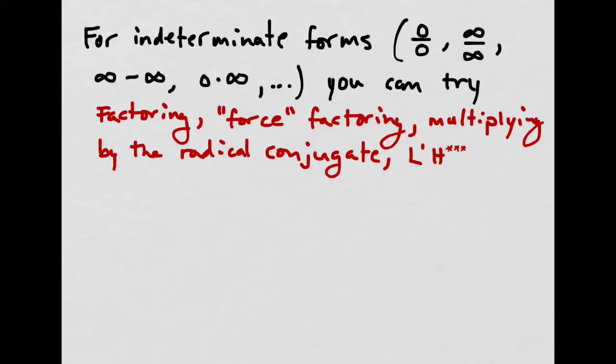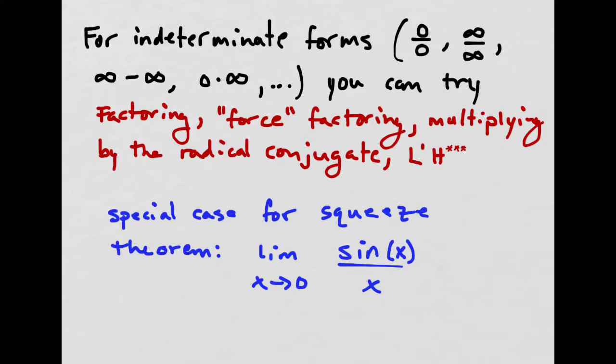If you wanted to, you could look up proofs of the squeeze theorem. It's actually really interesting, but it's faster to remember L'Hopital's rule and just use that. That's one of the special cases for the squeeze theorem, but this equals 1. You could just use L'Hopital's rule for this.